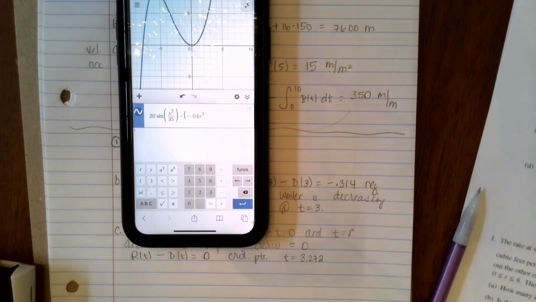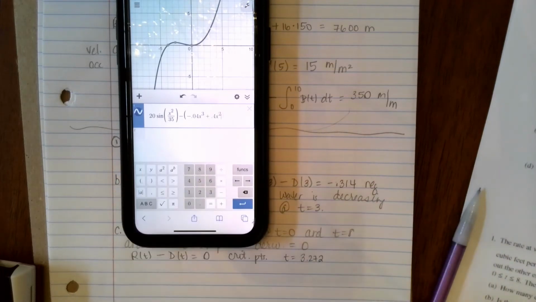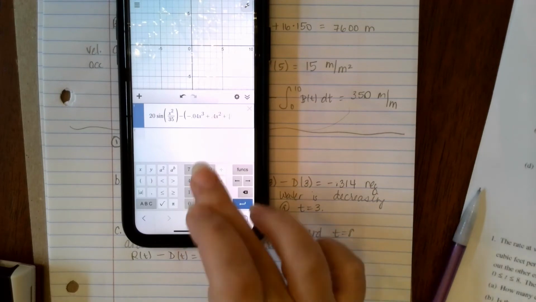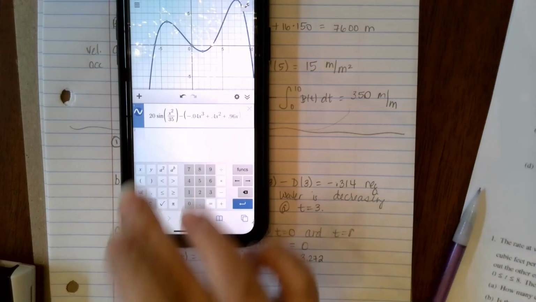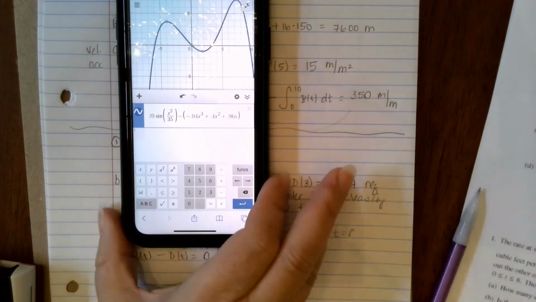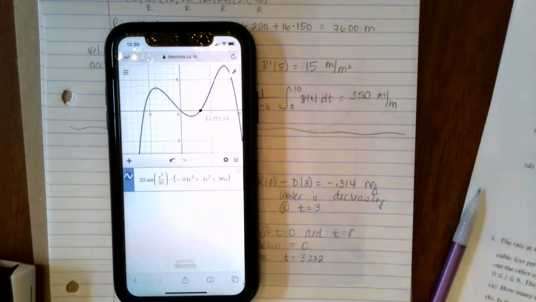All right, so then we've got plus 0.4 t squared plus 0.96 t. All right, so I typed it in, and so here's my graph right here. Okay, I want to find out where it's crossing the x-axis. I hit that button right there, and I got 3.272.